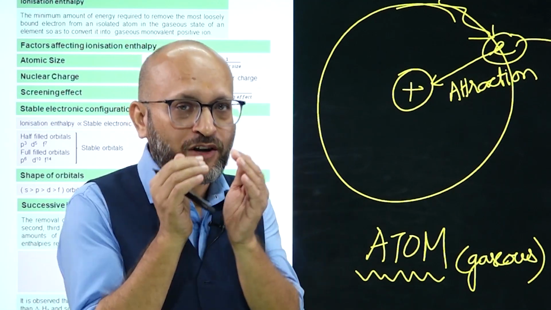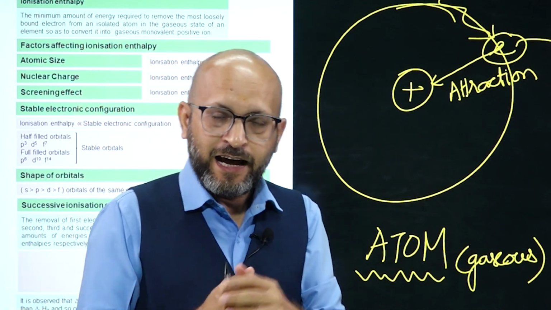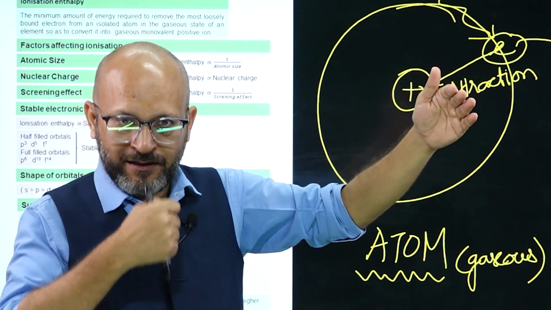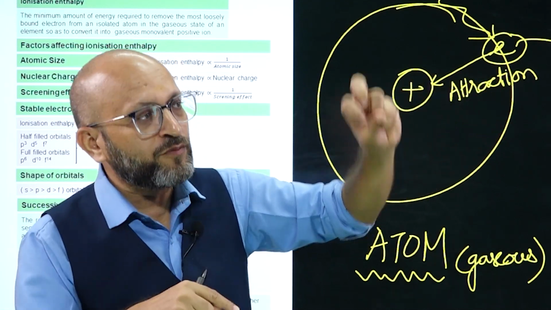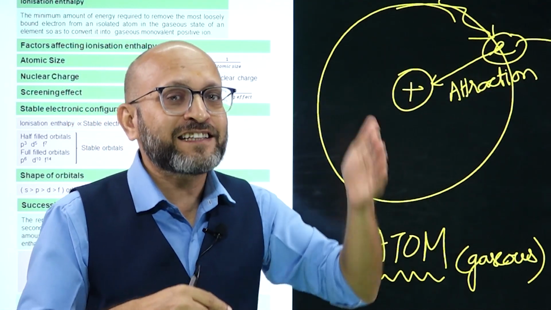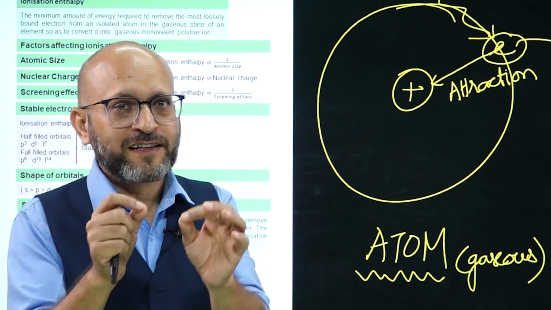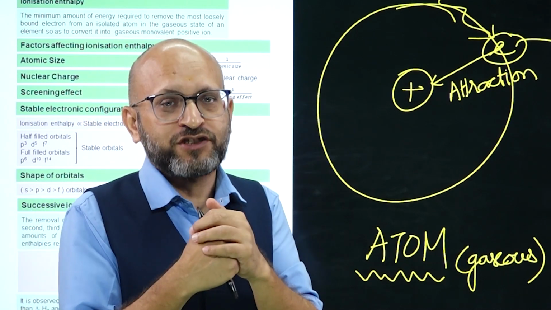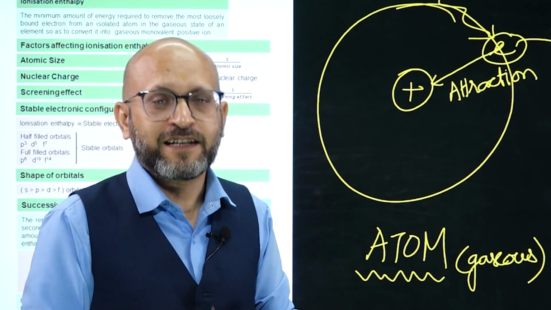So, smaller the atom, more will be ionization enthalpy, right? And bigger the atom, the distance between nucleus and electron will be more, and the energy required to remove this electron will be less because it is already in less attraction. You got that point? Smaller the atom, bigger will be the ionization enthalpy value. Bigger the atom, smaller will be the ionization enthalpy.